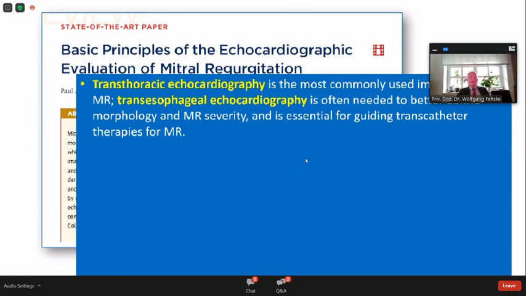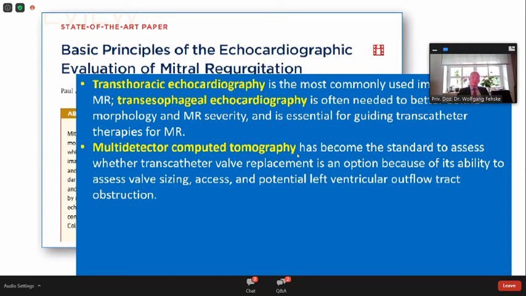But for true quantification, multi-detector CT is for valves or other valves which can be implanted by transcatheter techniques.